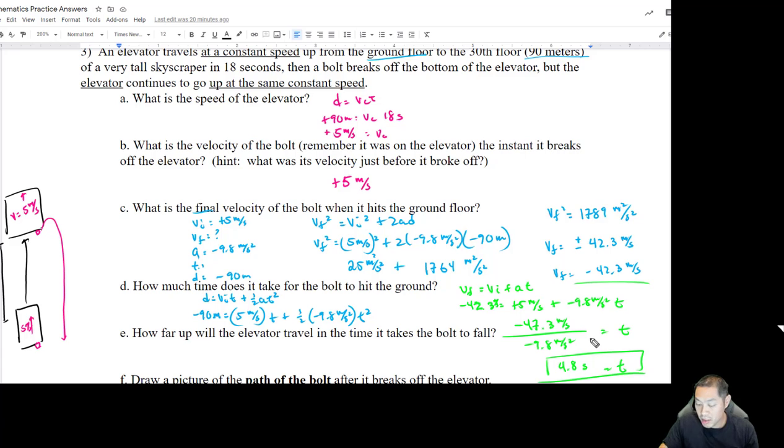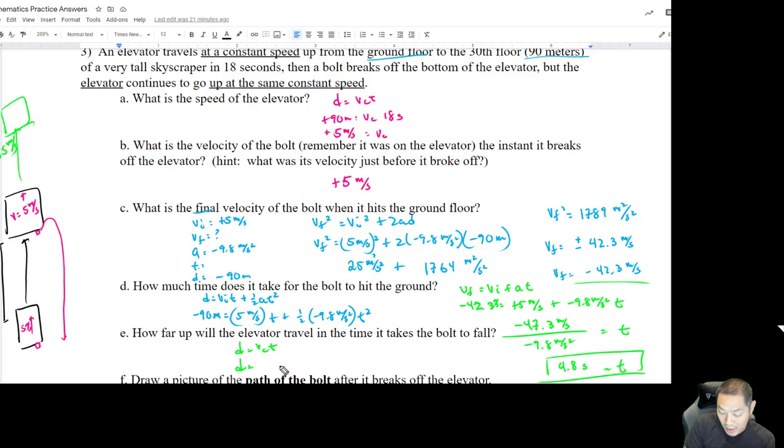So much easier. When you come to the point where you can take advantage of already knowing the answer, please do. The other way will give you the same answer, but you have to do the quadratic formula, which is a pain, unless you already have a program in your calculator, which is totally fine. Now, when the bolt falls off, the elevator is still moving at constant speed. So it's still moving at 5 meters per second. If that is true, then we can also use d equals vc t.